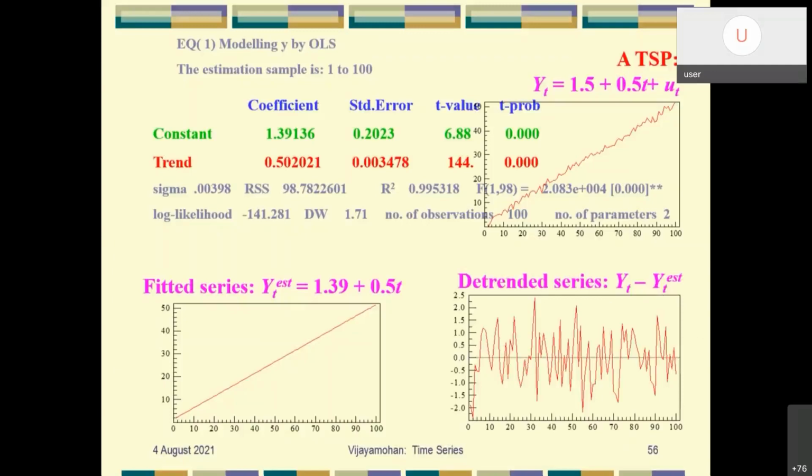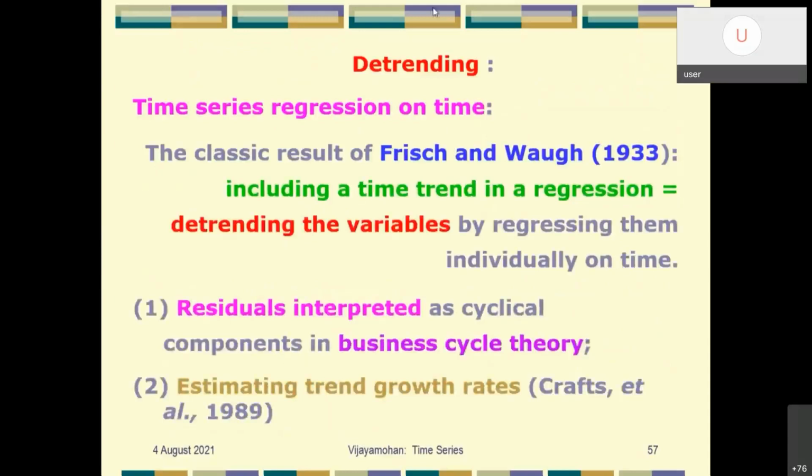But as I told you earlier, we can do it in another way also, using the Frisch-Waugh theorem. Frisch and Waugh in 1933 suggested that if we include a time trend in a regression, that is equivalent to detrending all the variables by regressing them individually on time.